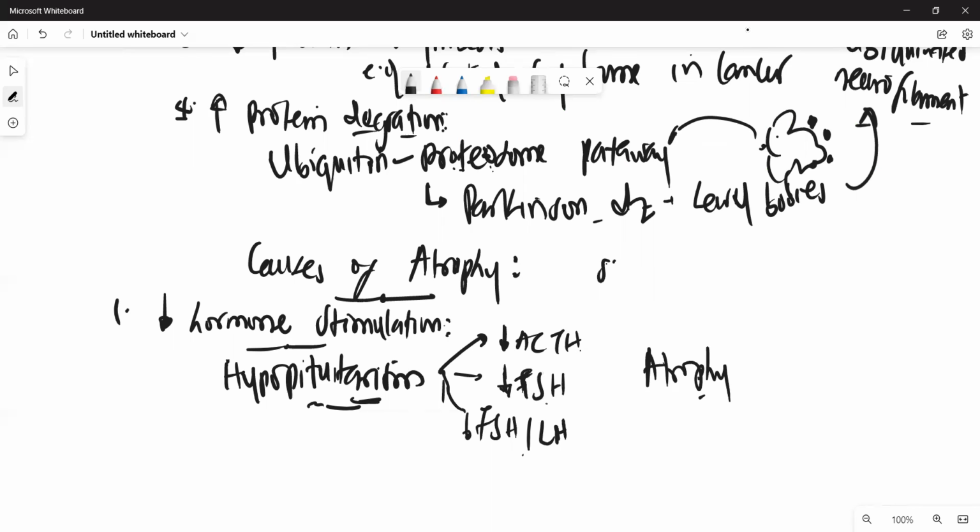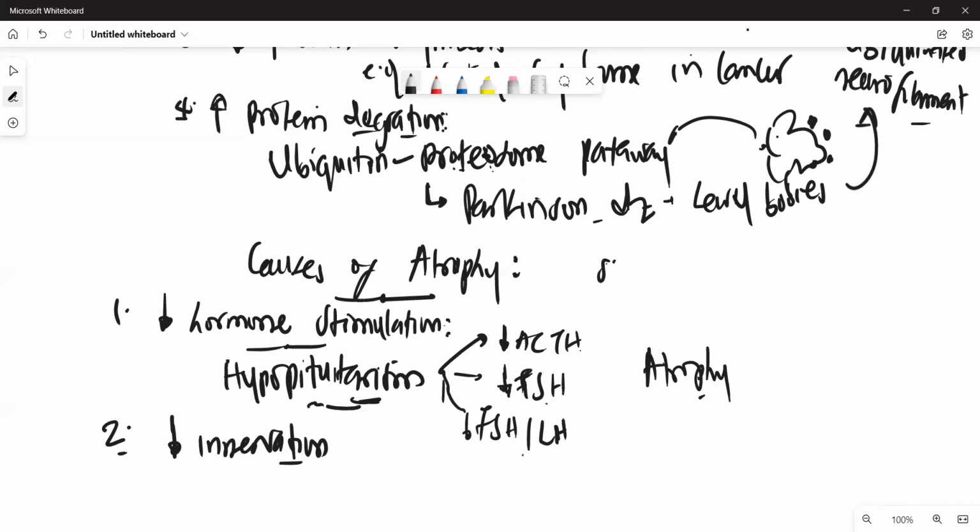Then when they deliver, if they lose a significant amount of blood, that could lead to infarction of the pituitary gland, and that can present as hypopituitarism. One of the common first symptoms is failure to lactate. So that's Sheehan syndrome.